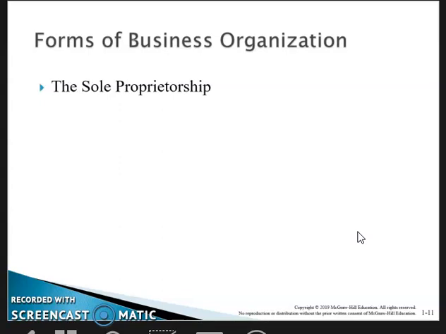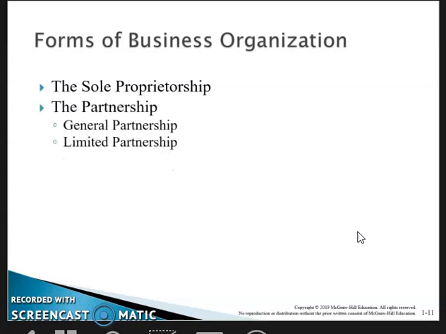There are some significant difficulties that go along with that. Probably the biggest being unlimited liability. Secondly, is a partnership, and a partnership is typically broken up between general and limited partners.